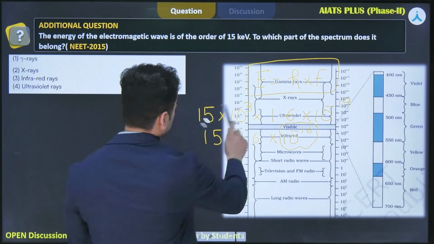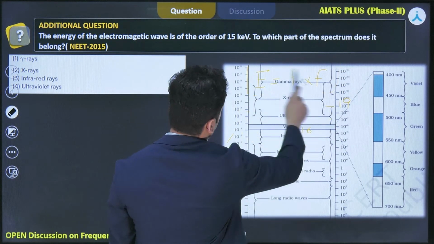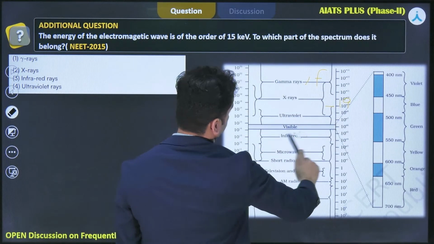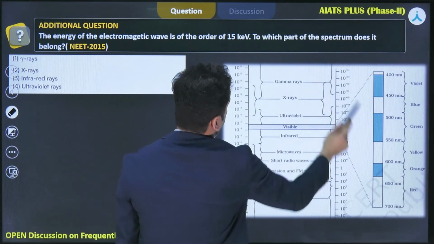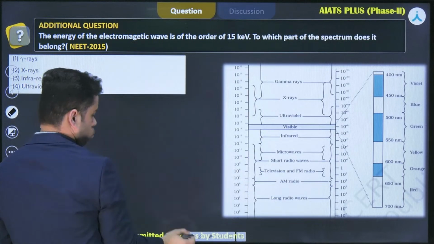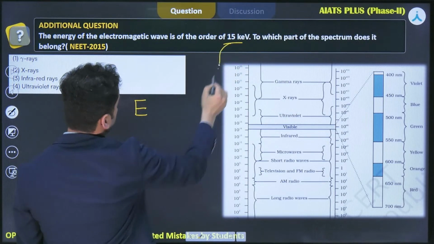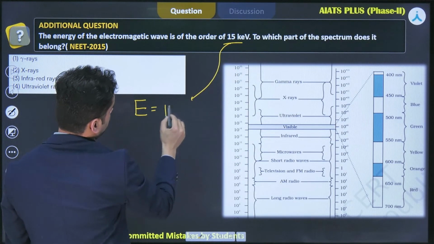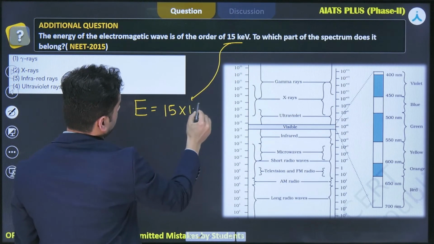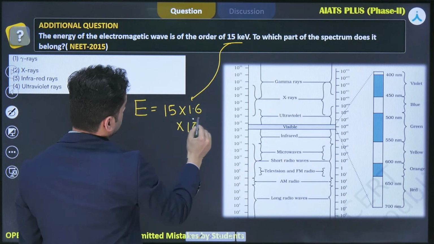I'll rub this part first. And my energy was coming out to be 15 kilo electron volt, which is 15 into 1.6 into 10 raised to the power minus 16.